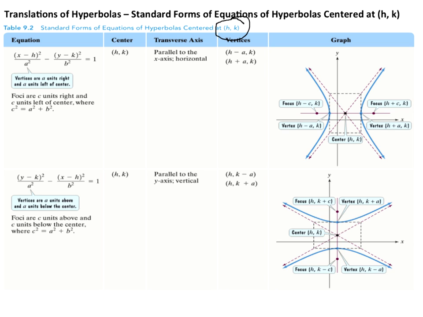H is always, always, always, it travels with the x term. And it's subtraction. You're finding the difference between those. So notice here, even when our transverse axis is flipped, that h is still listed with the x term. And the k, obviously, is listed with the y term.